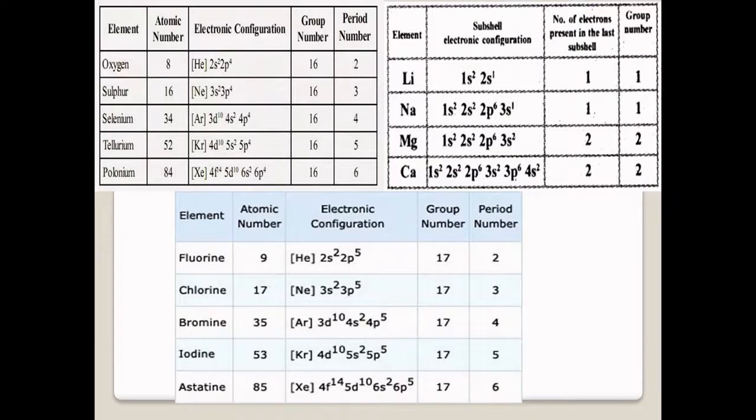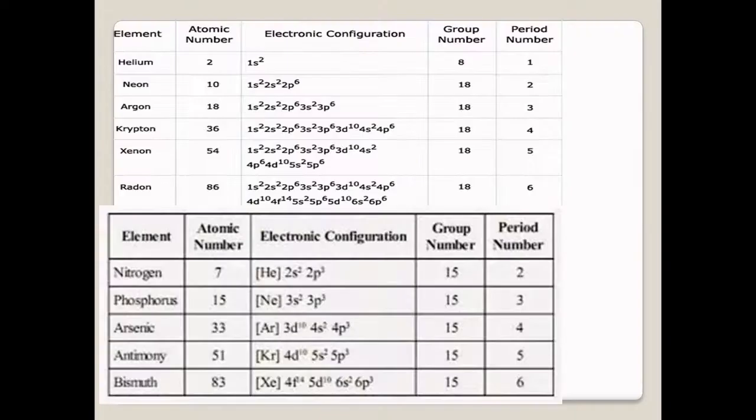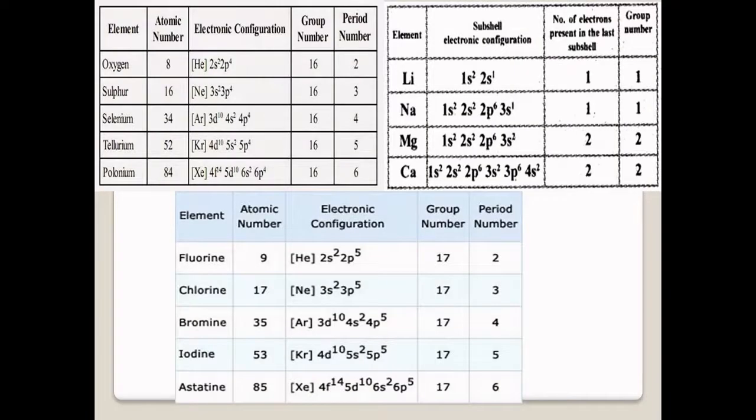Let's see an example: atomic numbers 8, 16, 34, 52, 84, that is oxygen, sulfur, selenium, tellurium, polonium. The electronic configuration is helium 2s2 2p4. It is of group 16. Why group 16? It has s and p orbitals, so 4 plus 2, that is 6, so it is group 16, and period number 2 because it has 2 shells.